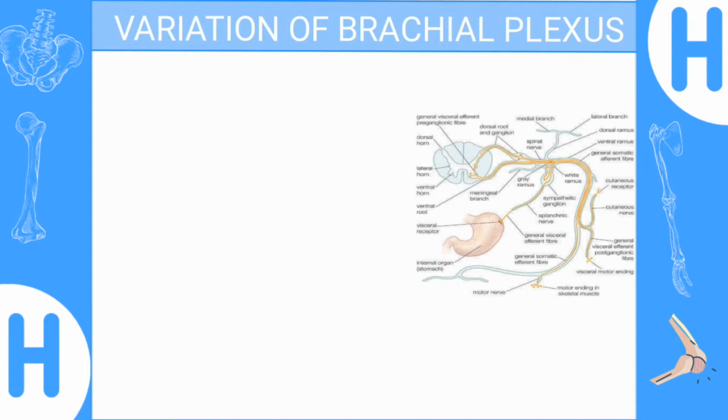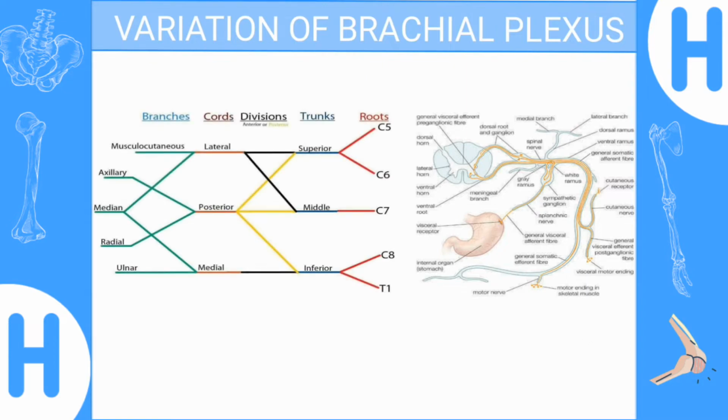Okay guys, now we will discuss the brachial plexus. Here we have roots, trunks, divisions, cords and branches. Normally the brachial plexus originates from the C5 root to T1, and we have three trunks that originate from the roots: the superior trunk, middle trunk and inferior trunk.